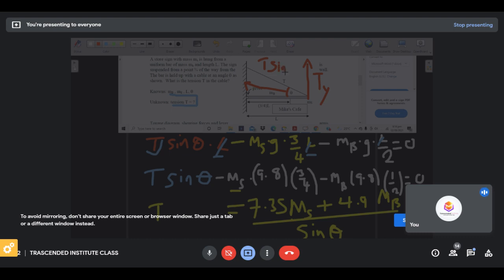Now, how are we getting the L? We're trying to measure how far it is from the pivot. If you look at the bottom, we are told it's L from this point to the end. That's how we wrote it, because for the torque we're multiplying the force by the distance.